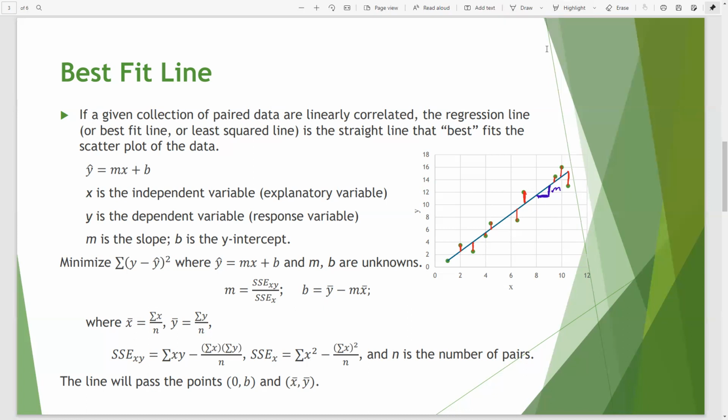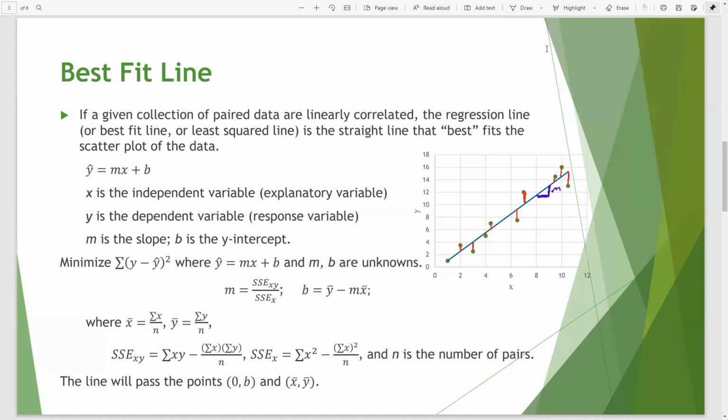Too much work, right? So what I'll do is provide you those numbers. So you just need to plug into your formula of m, and then use m and x bar, y bar to find b.